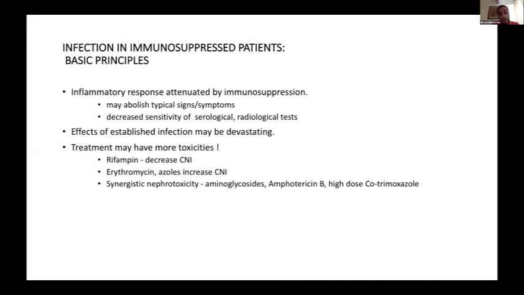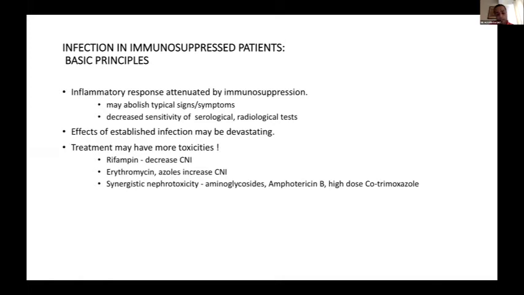Once the infection is established, the effects may be quite devastating. The treatment of the infection itself may have more toxicities. Remember that we will have drug-to-drug interactions as well, or we can have synergistic nephrotoxicity. Drugs that increase the metabolism of your anti-transplant medications, like rifampicin, will decrease the levels of your CNIs.